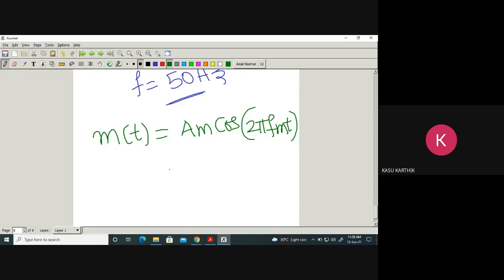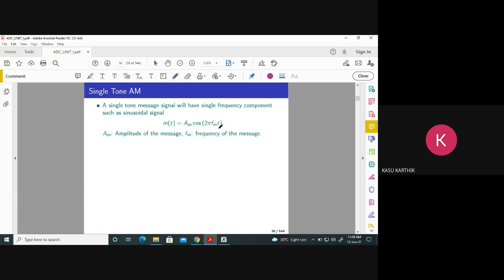Because what is Am? Am is called the message amplitude. What is fm called? Message signal frequency. So m of t is Am cos 2 pi fm t. Am is the amplitude of the message signal, fm is the frequency of the message signal.